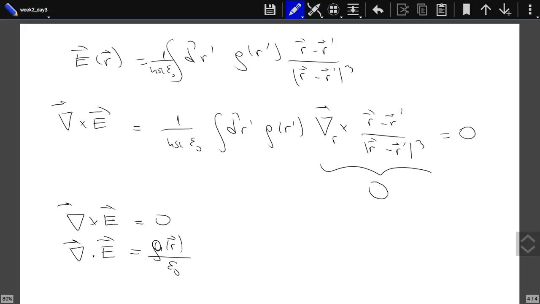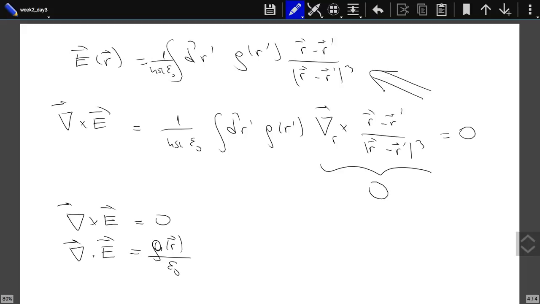If you imagine an arbitrary volume, and you know the charge density inside this volume, let's say it's rho, then if you know the value of the electric field on the boundary of this volume, you can uniquely find the electric field everywhere inside this volume. You don't need to know the charge density outside of this volume. If you know the value on the boundary and the charge distribution inside, that's enough to determine the electric field everywhere inside your volume.